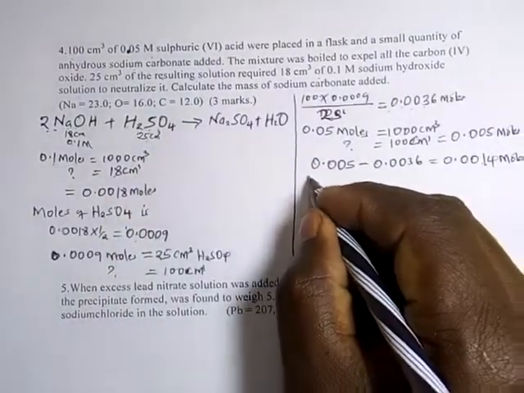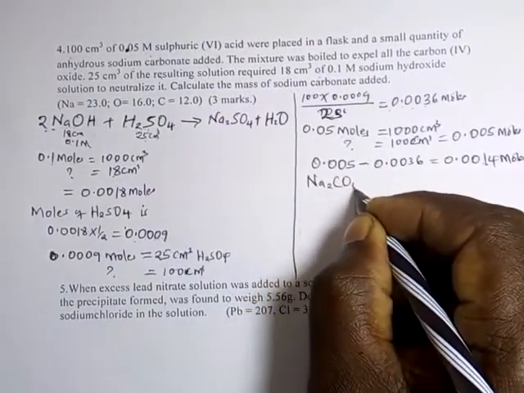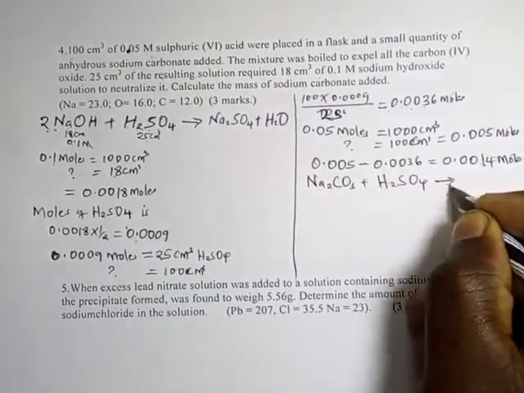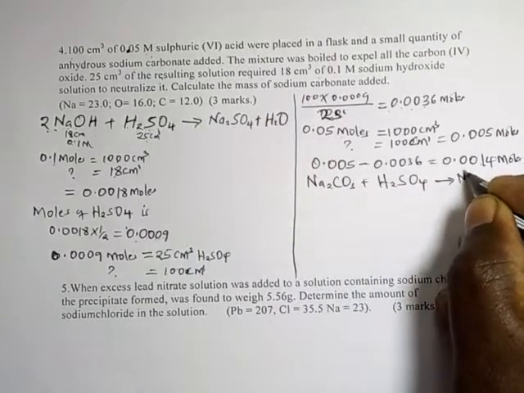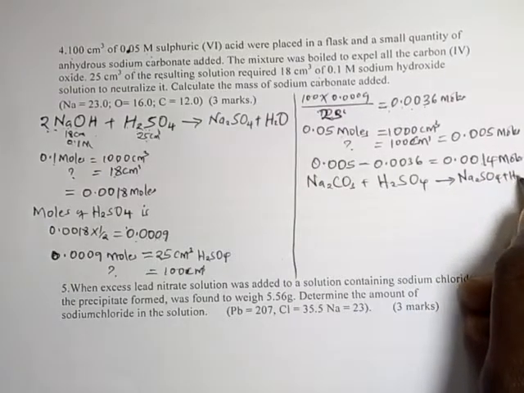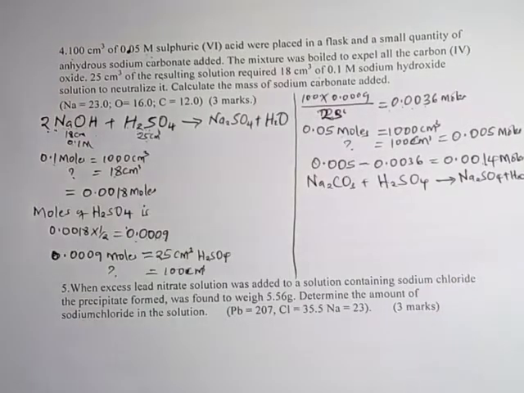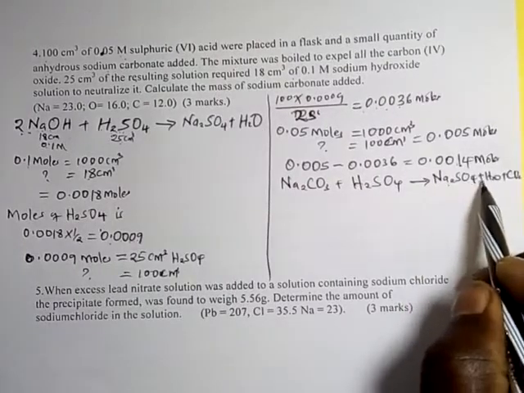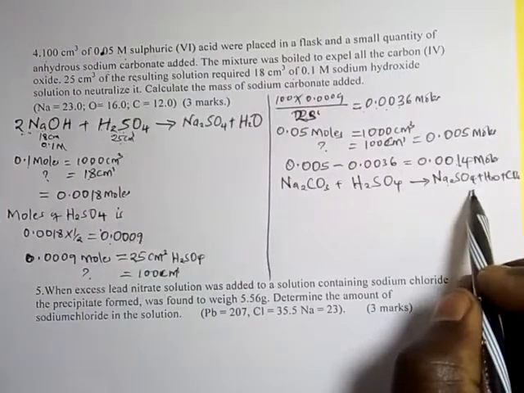Now we can have the reaction of sodium carbonate with sulfuric acid to get sodium sulfate plus water plus carbon dioxide. Yeah, sodium sulfate, water, and carbon dioxide is formed. The ratio of everything is 1:1.